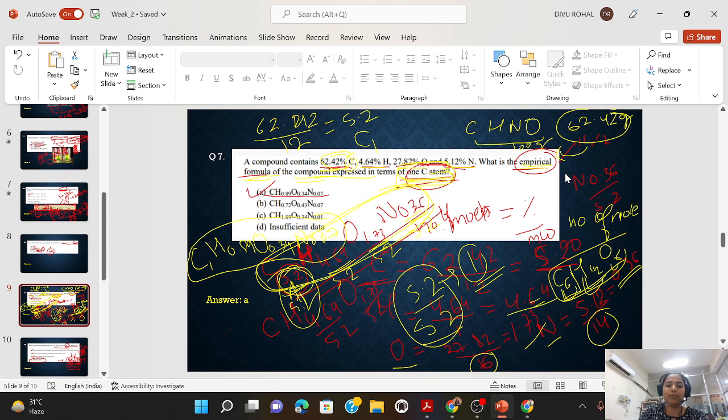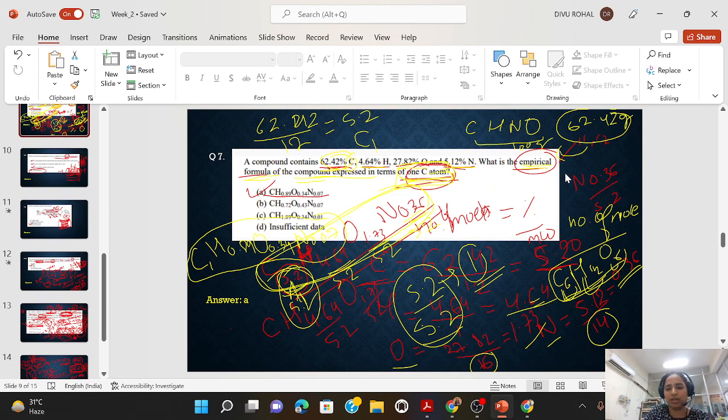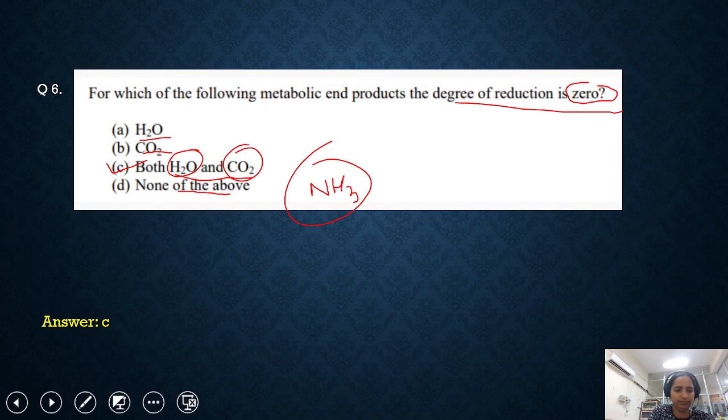Channeling effect. Try to read about all these reactors. You can refer to two books for this. The first one is by Pauline M. Doran, Bioprocess Engineering Principles. Maybe all of you know this.